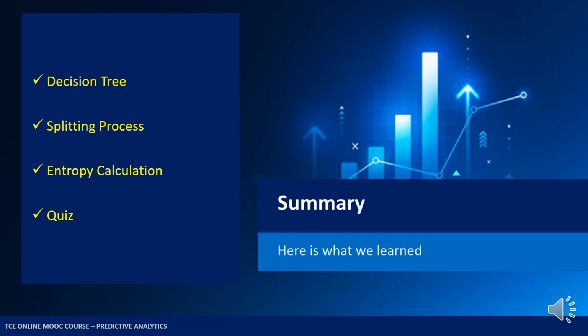Now let us summarize what we have learned in this lecture. First, we learnt about the basic structure of a decision tree. The root node represents the entire dataset and forms the starting point. A decision node represents an intermediate question to test. A branch represents the outcome of the decision. A leaf node represents the final prediction. We then discussed levels and depth.